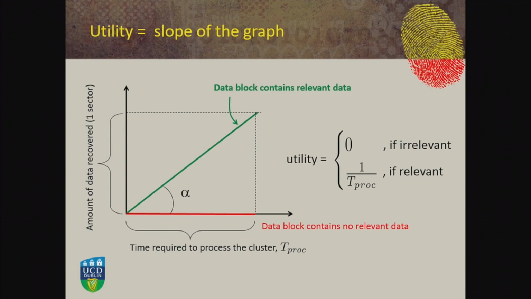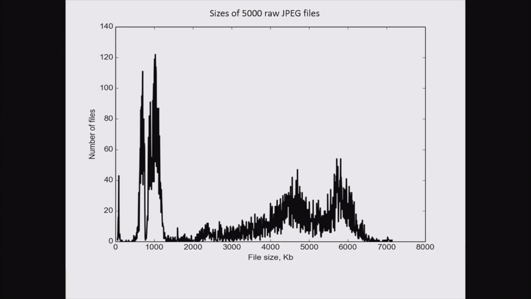Now, when we consider specifically the problem of finding raw JPEG images, like those produced by a digital camera, we looked at the distribution of file sizes. In my personal collection of raw images, this is what I have, 5,000 images.